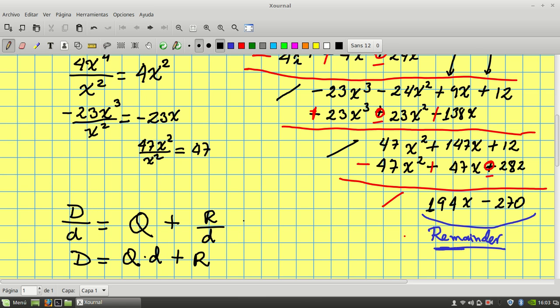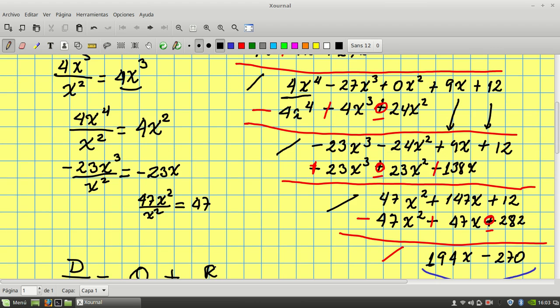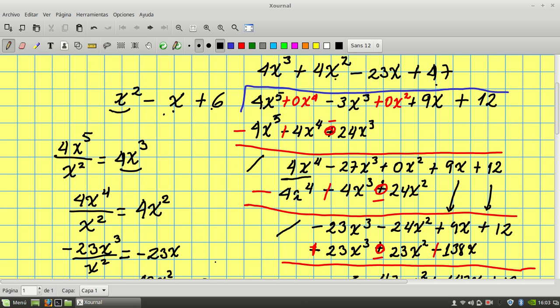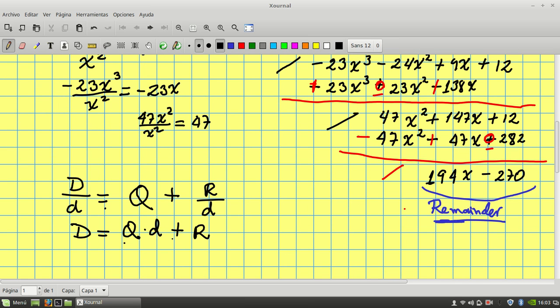One is more related with division problems, the other more related with factoring. So the work for you is to do the algorithm of division and express the answer using one of these two options.